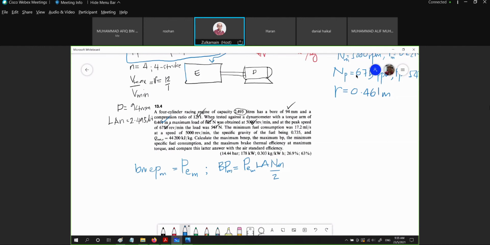So in order to get the PEM, we need to get the BP. So what is BP max? BP max is equal to 2 pi N max T max divided by 60,000.